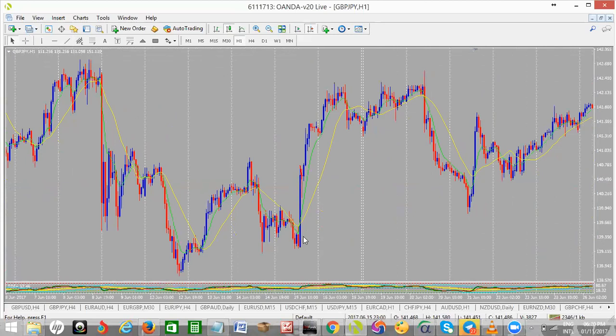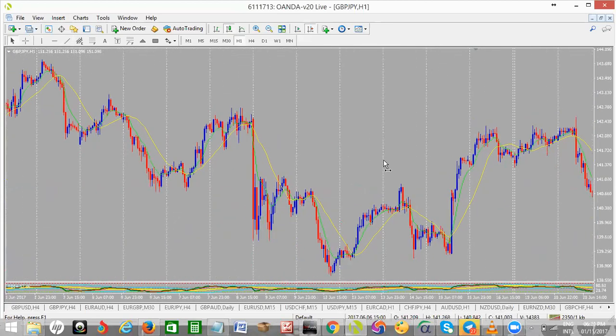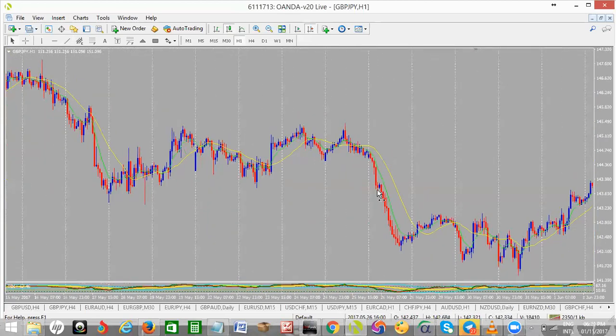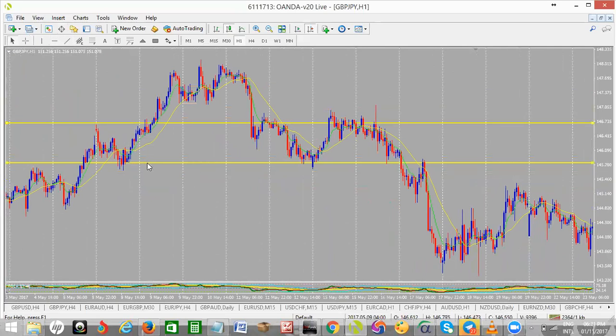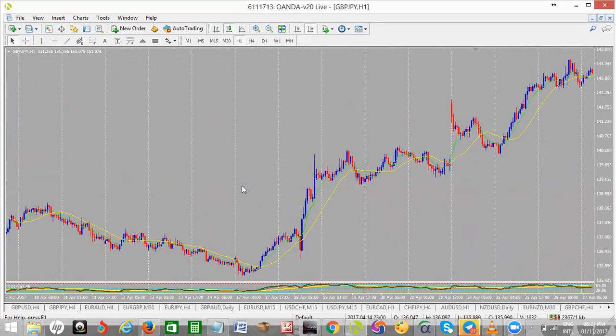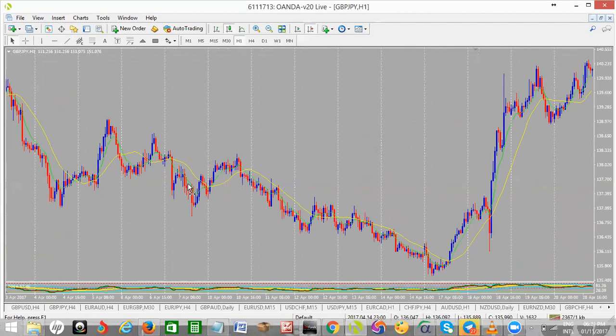Even this is an ugly head and shoulder. Shoulder, head, shoulder, reverse. I want to look for something clear. Boom. Yeah, if you don't know technicals, you can't take this one. Let me just do away with this one. Looking for something very clear.